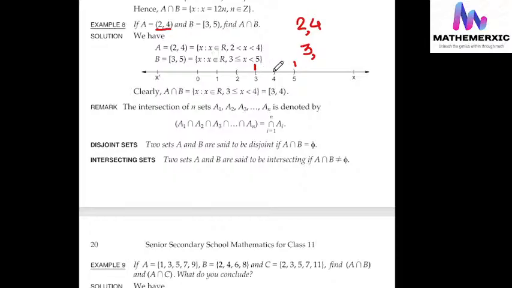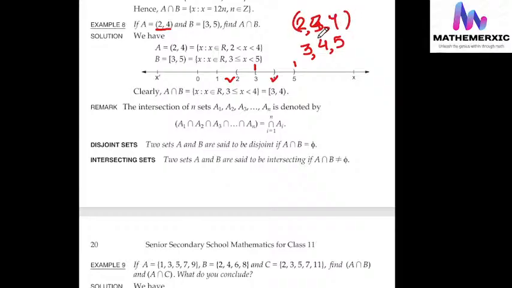Okay. 2 comma 4 we can write like this. This and this is okay. This is closed. So the elements are like this in this case, and here 2, 3, 4.